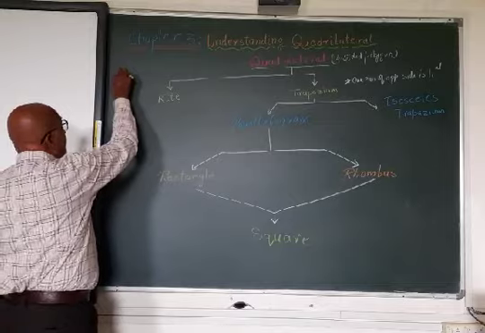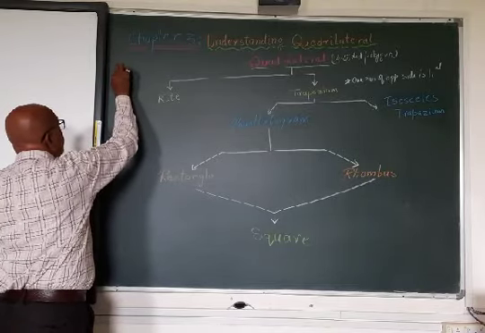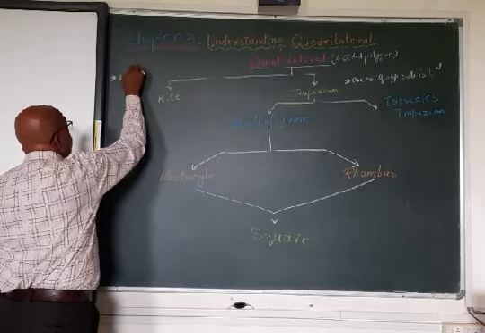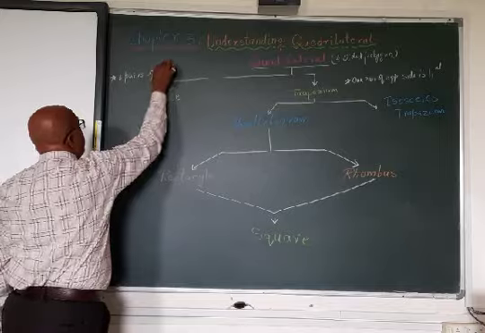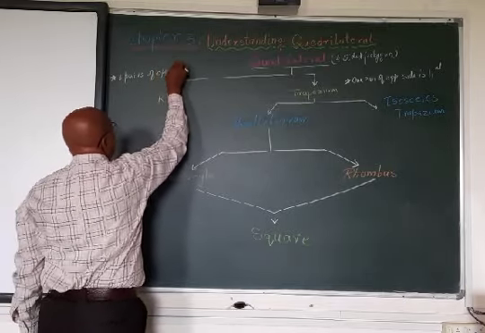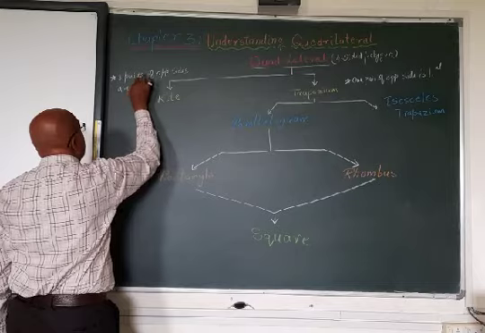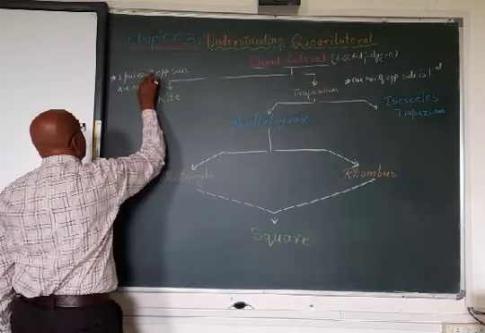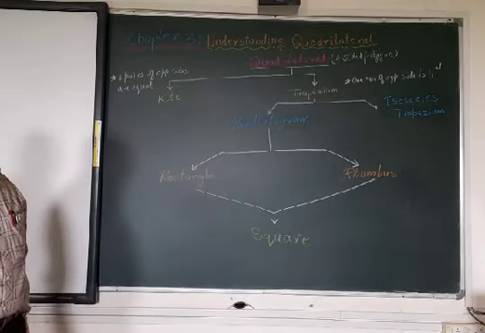In the kite, what is the property? Two pairs of opposite sides are equal.